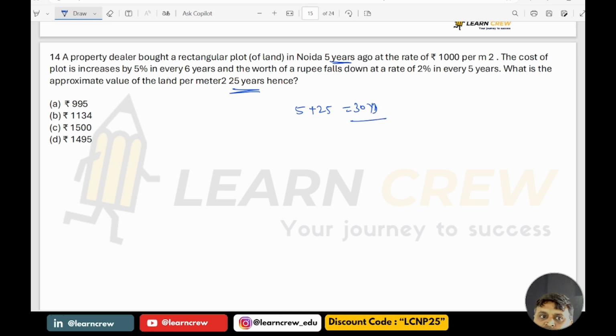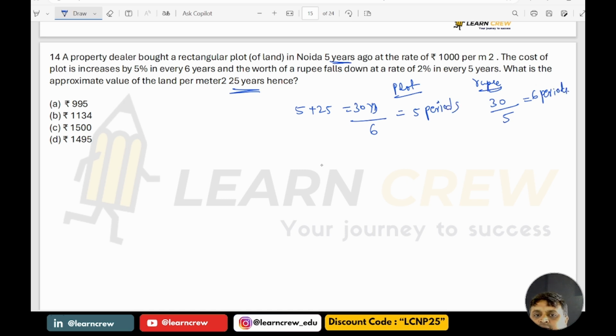Whereas here the cost of plot increases for every 6 years, so 5 periods. Whereas for the rupee fall for every 5 years, in 30 years there are 6 periods.